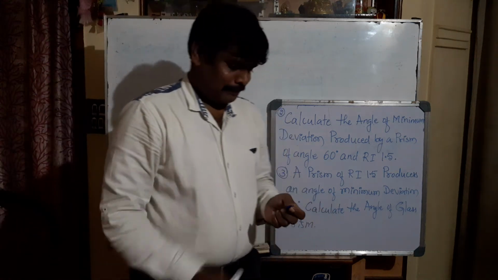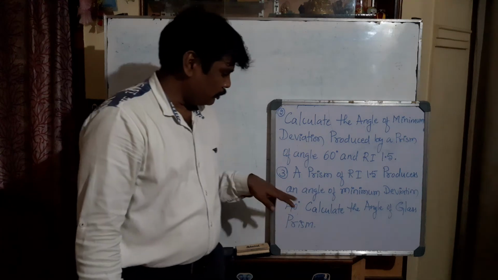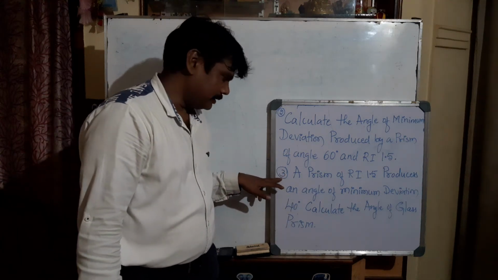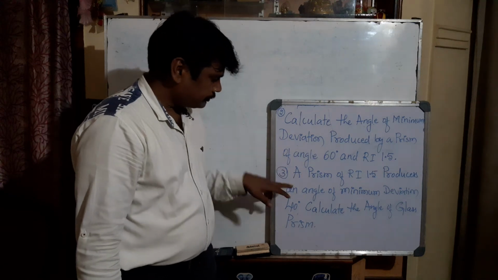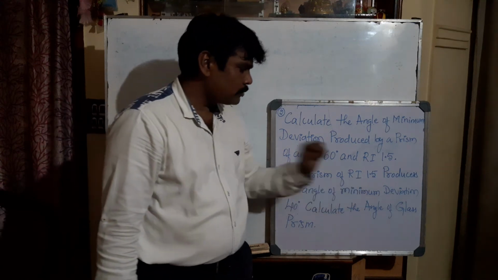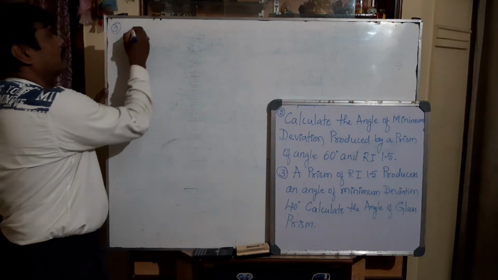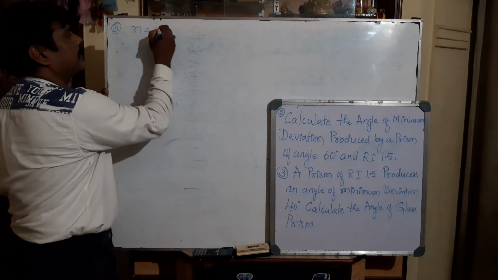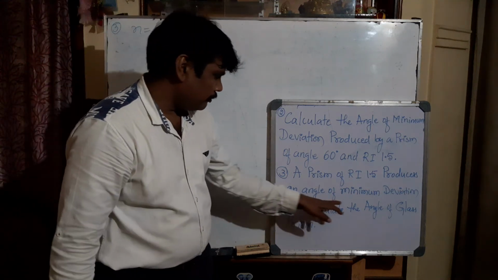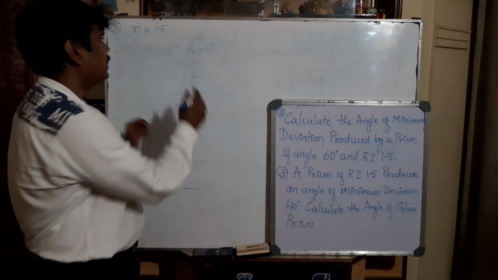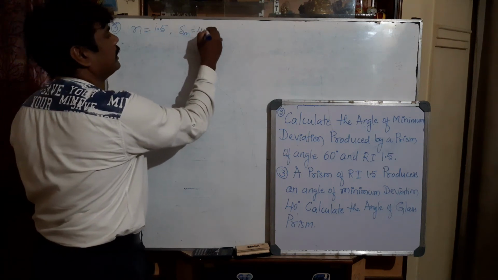Welcome back once again. Now I am going to solve the next numerical problem, problem number 3. A prism of refractive index 1.5, so here the refractive index is given: 1.5. It produces an angle of minimum deviation, delta m, of 40 degree.